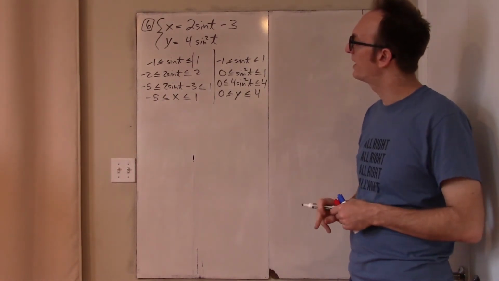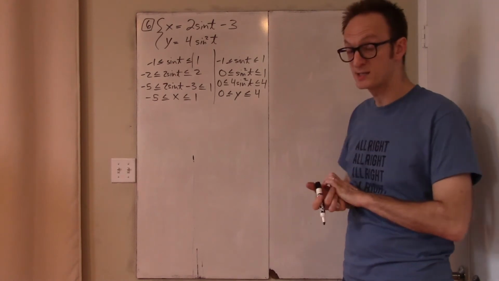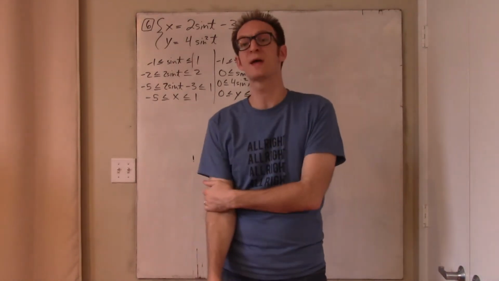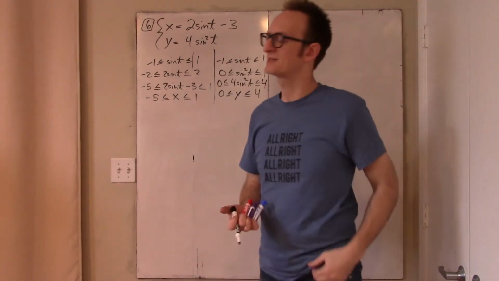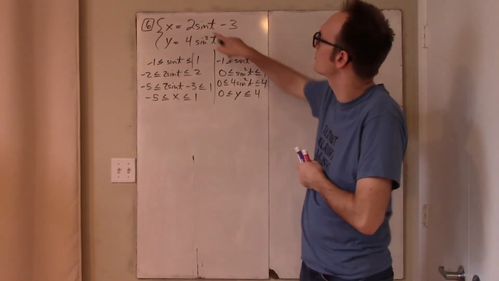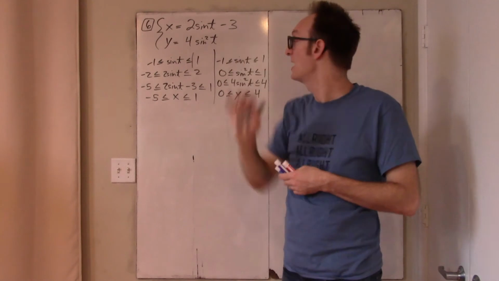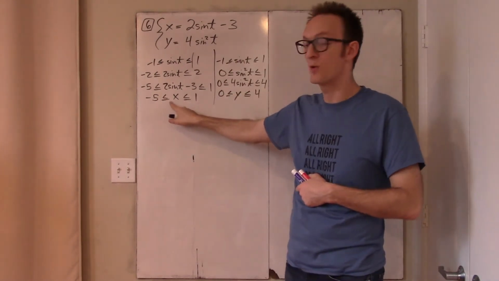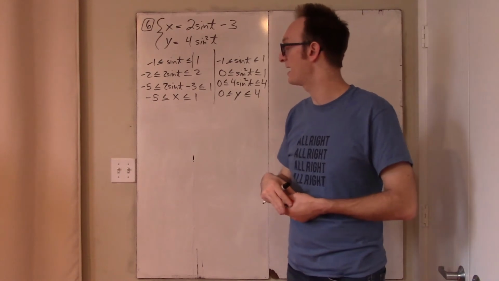Well, let's put that thought aside, and the next step in the algorithm is to look at the end behavior. But in this case, we're just going to skip that step, because there is no end behavior to speak of. What happens as t goes to infinity? Well, we know that the trig functions simply oscillate up and down. And so x is just going to go back and forth between -5 and 1 forever.